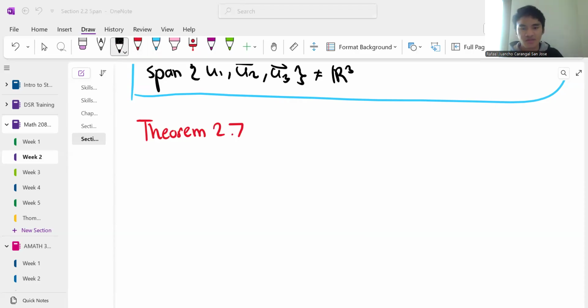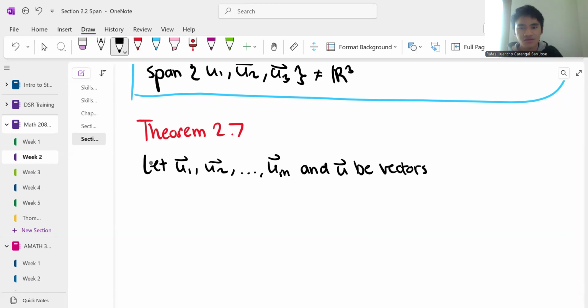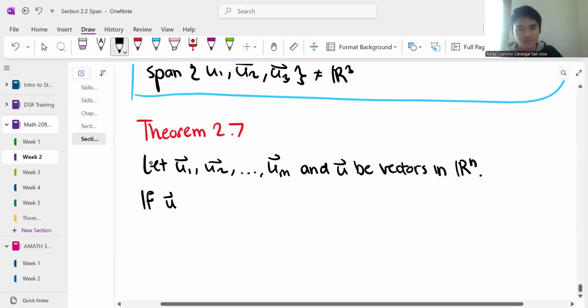So theorem 2.7 tells us, we let u sub 1, u sub 2, all the way to u sub m, and u. These are vectors in Rn. Now, if u is in the span, so I'll write it mathematically, this weird looking E thing just means it belongs to.